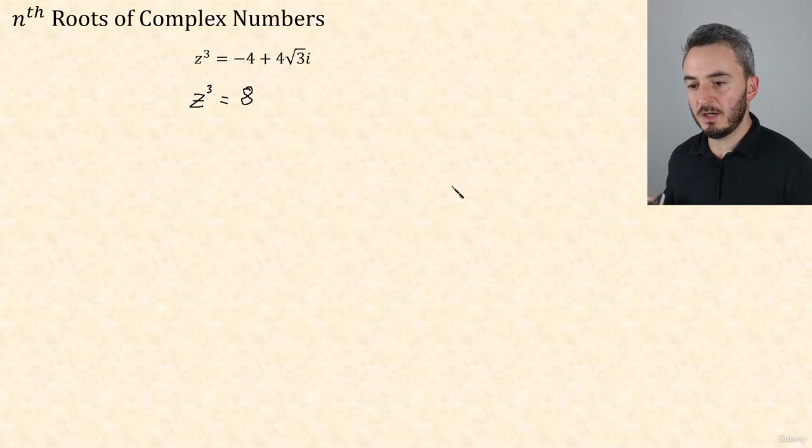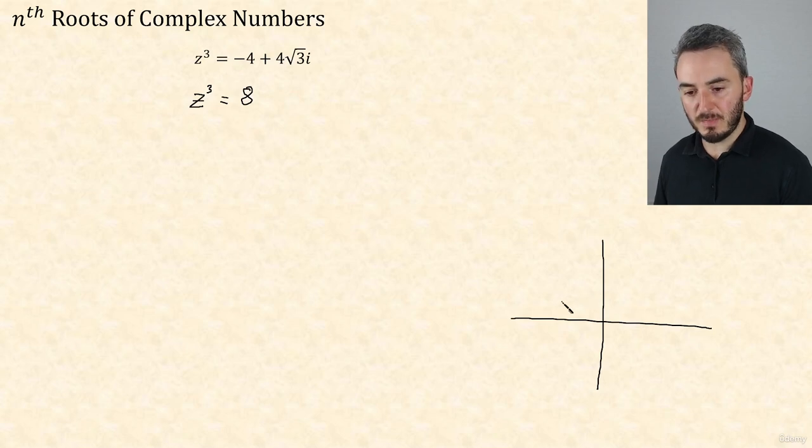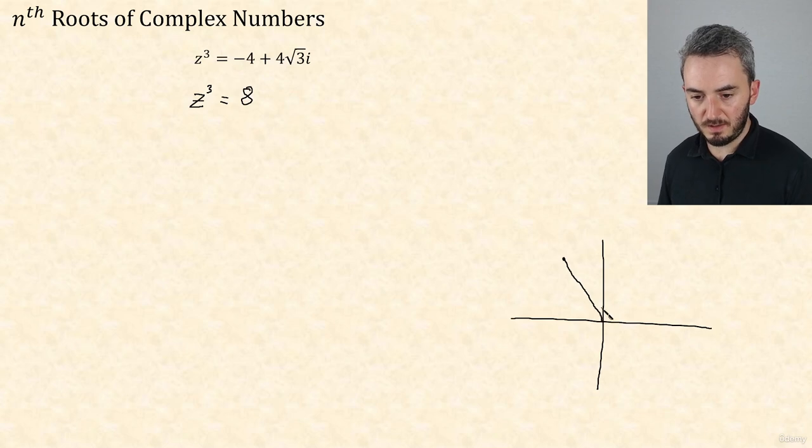How about the argument? Well, a little sketch down here on an Argand diagram will help. So it's -4 plus 4 root 3i. So the argument is going to be this angle there. I'm going to find this one. So what have we got? We've got 4 here and 4 root 3 there.